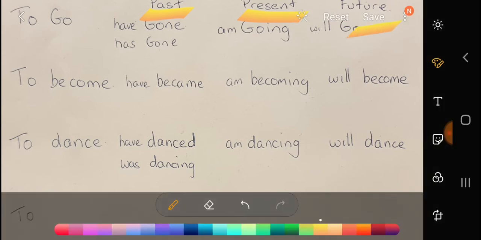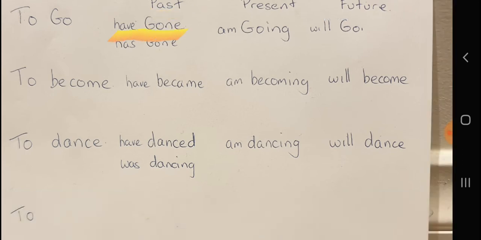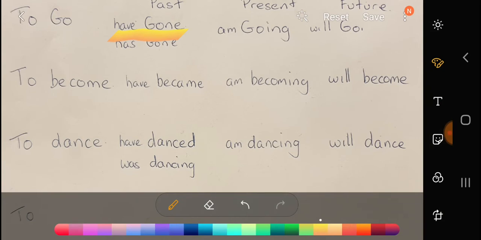For the past, it means we have done that verb in the past. So here we have to go, I have gone, or someone else has gone. When we use "have gone," we don't use that for another person.